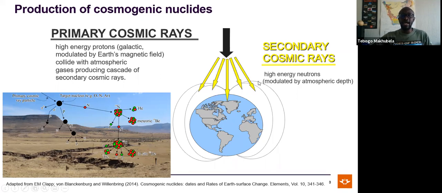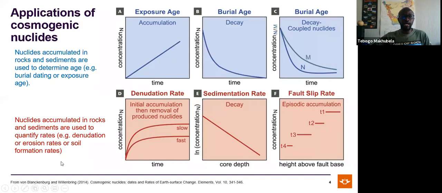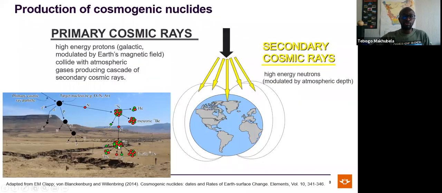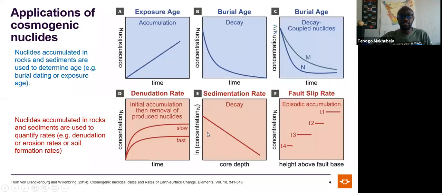And then the high energy neutrons that made it all the way to the surface of the Earth, they then produce cosmogenic nuclides in the minerals, in the rocks on surface, and those are called in situ cosmogenic nuclides.